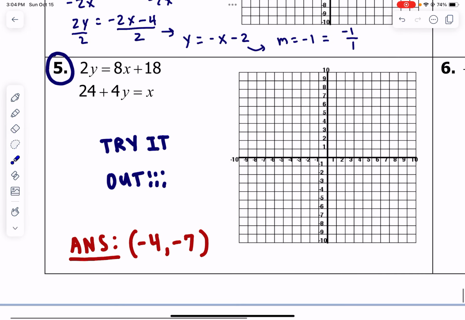And the reason for that is we want to make sure we get rid of that negative sign in front of the y. So let's go ahead and divide by -1. If we do that, we do the same on the other side. So you get that y equals positive x plus 6.